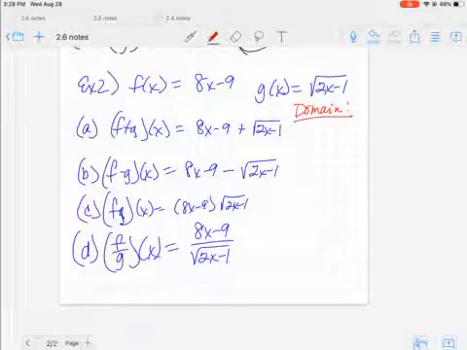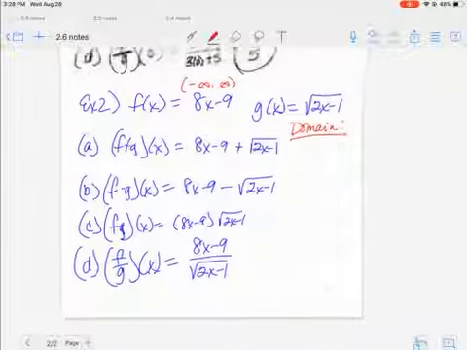When I'm looking at these problems, my domain for my f of x function is going to be infinite. It's a line, right? So there's nothing that's going to be crazy on that. So whenever I'm trying to figure out the domain of a line, it's just infinity. Then I come over to the radical. Now we know you cannot have a negative underneath that radical, right?